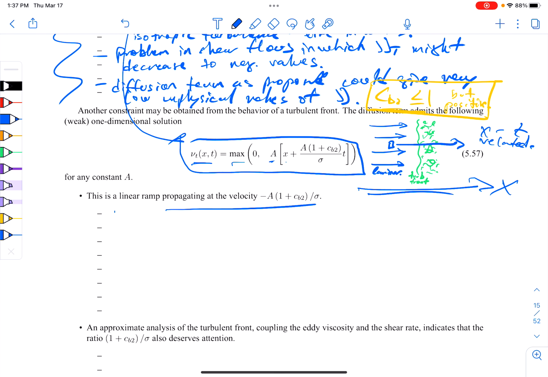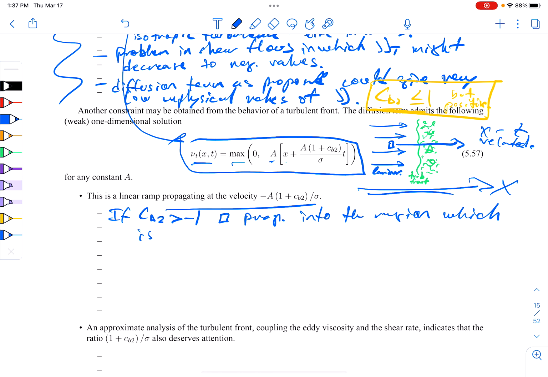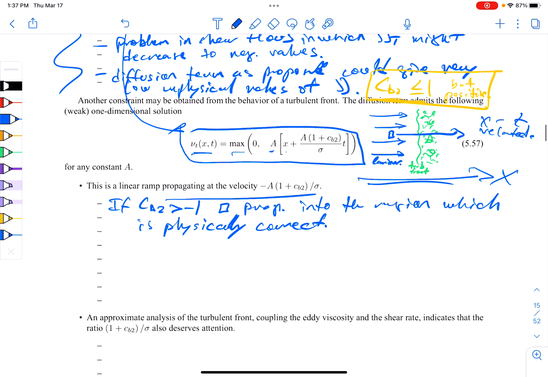First, if CB2 is greater than -1, then the parcel will propagate into the region, which is physically a crux. And that's really important because that way it corresponds to the solution.